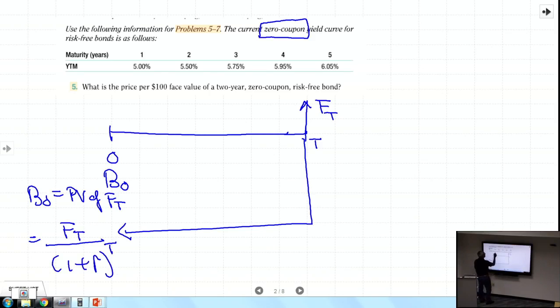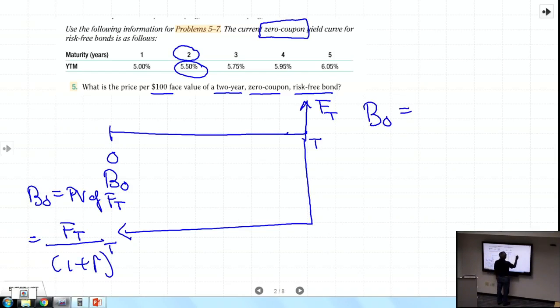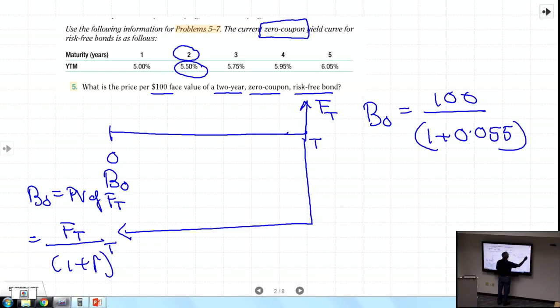So what is the price per $100 face value of a 2-year zero coupon risk-free bond? This problem says that if a bond has a maturity of 2 years, its yield to maturity is 5.5%. So the price of a $100 face value bond would be 100 divided by 1 plus 0.055 raised to the power 2 years of maturity.